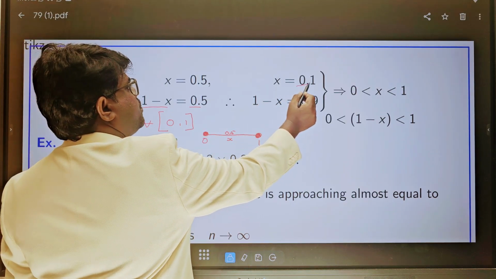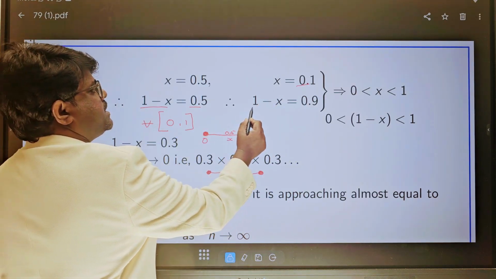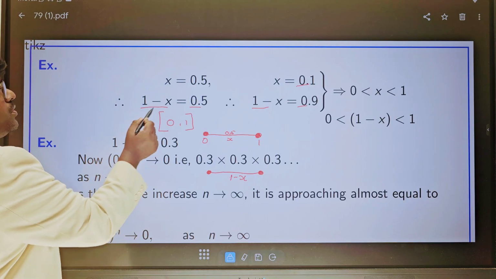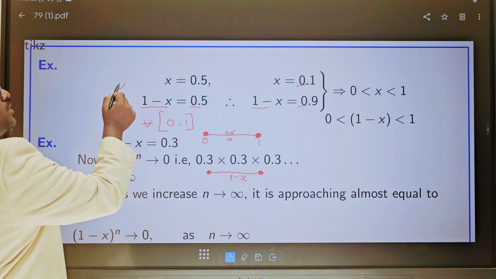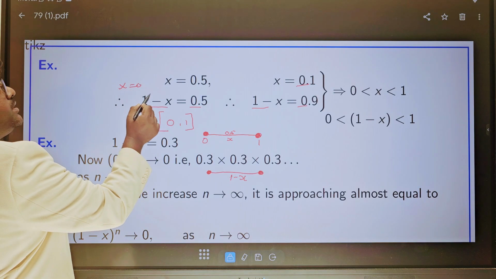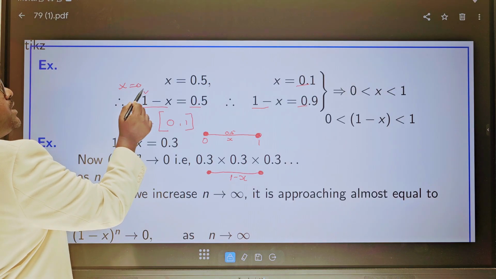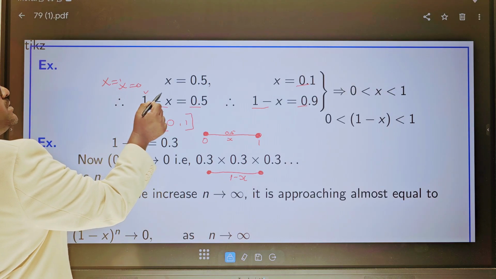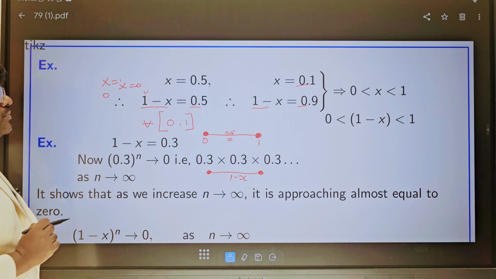If x equals 0.1, 1 minus x equals 0.9. If x equals 0, its value is 1. If x equals 1, its value is 0.